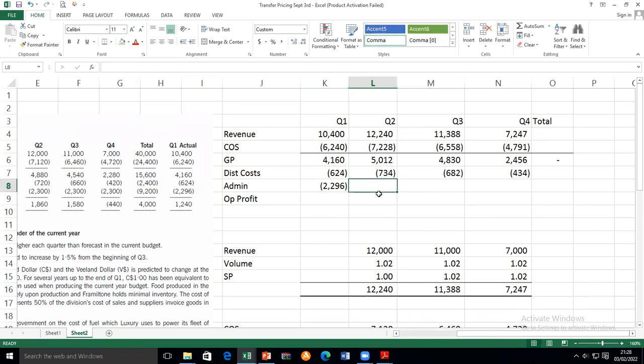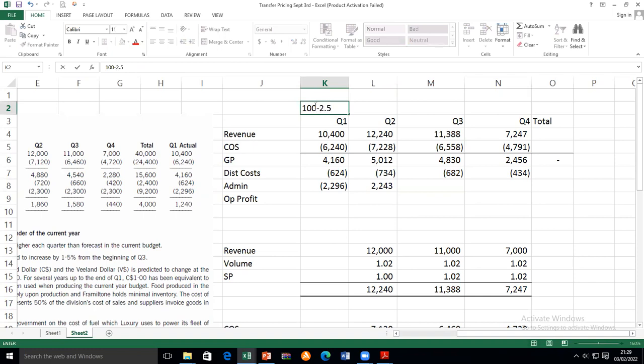So what do I do? I'm simply going to say 2.3. I must multiply by what? I want to reduce the figure by 2.5%. So I must multiply by what? Is that okay? 0.975. 100% minus 2.5% gives you what?